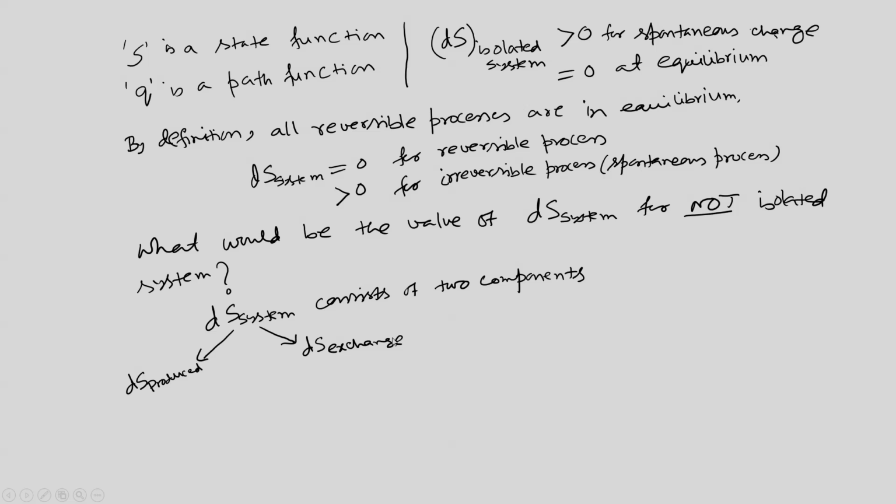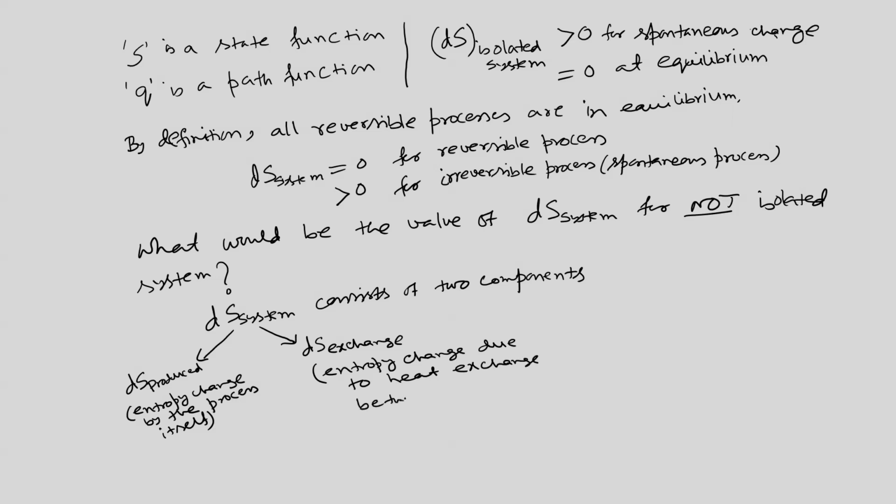So, what is dS produced then? dS produced is the entropy change by the process itself, and dS exchange is the entropy change due to heat exchange between the system and surroundings.